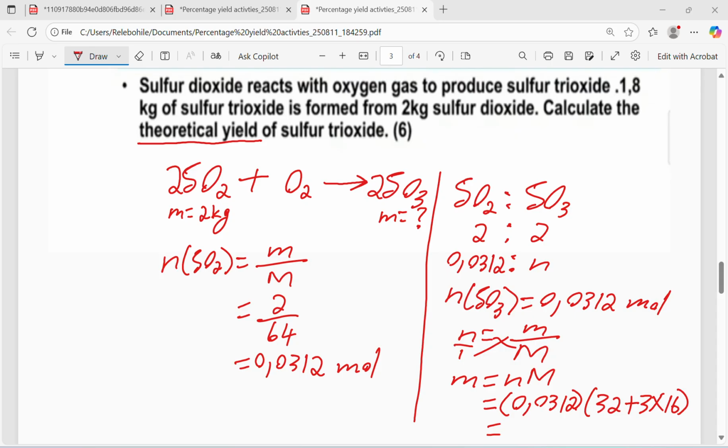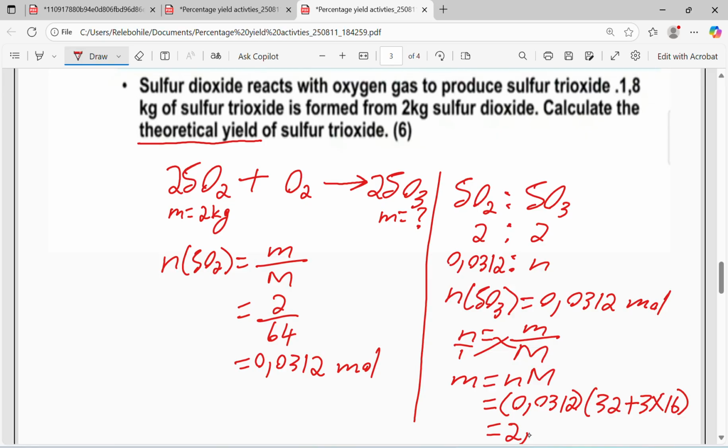I will have 0.0312 multiplied by 32 plus 3 times 16. And the value I get is going to be 2 comma, if we decide to round off to 1 decimal place, so it's gonna be 2.5 kg.